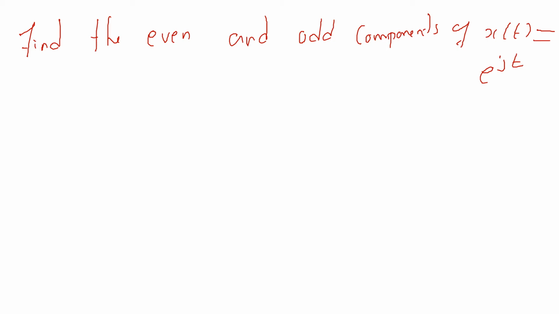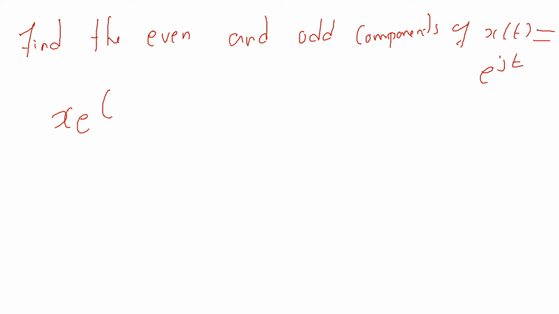This is the question. The requirement is we have to find the even and odd components of this particular signal. Remember, we can dissolve any given signal into even as well as odd signal. So let's write the even signal's formula.